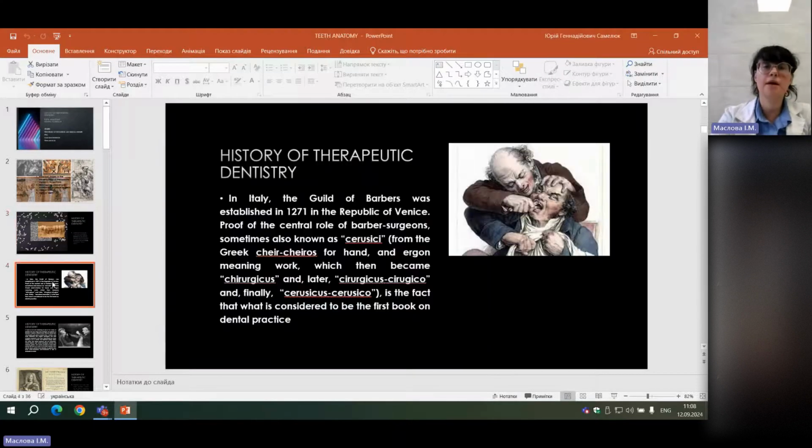Next, in Italy, the Guild of Barbers was established in the Republic of Venice.